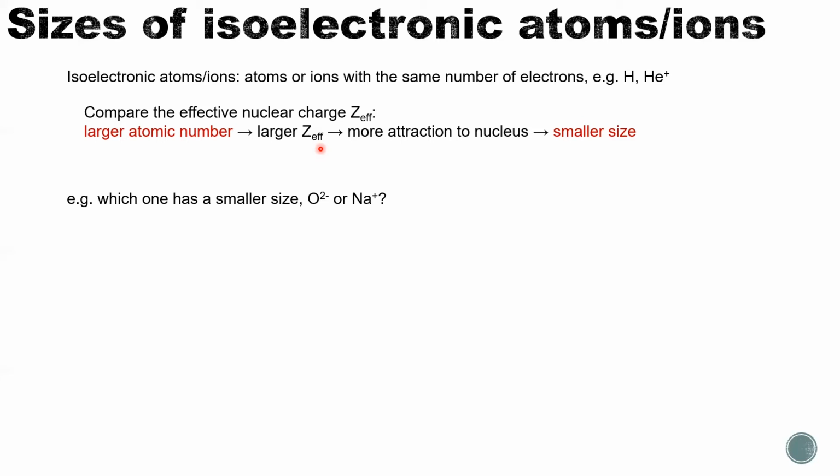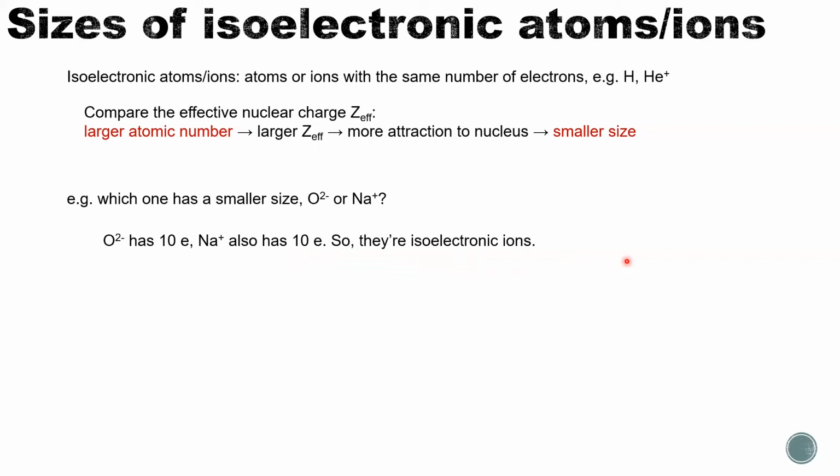So first, oxygen 2 negative has 10 electrons. Oxygen has the atomic number of 8, adding 2 more electrons because of the 2 negative charge. In total, it's 10. Sodium loses 1 electron, so now it also has 10 electrons. These two species have the same number of electrons, so they are isoelectronic ions.